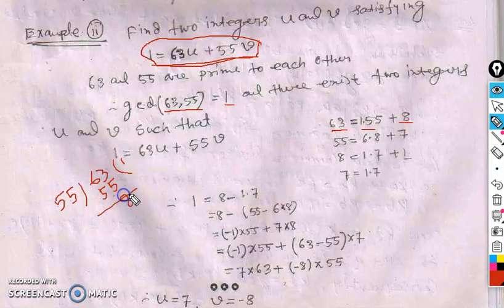The next step to find the GCD is to divide 55 by 8.